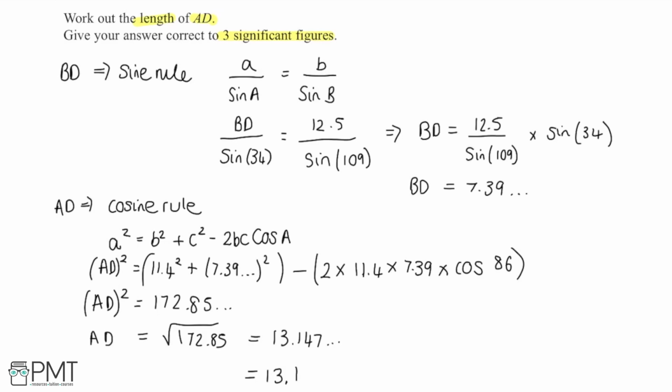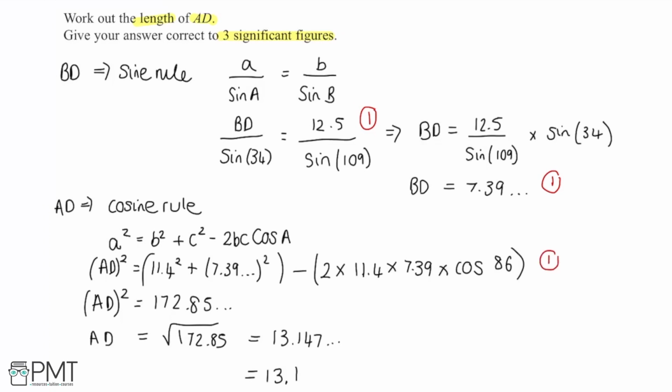So now, as for how the marks are awarded here, the first mark's awarded for starting a process to find the length of BD, so setting up this equation that we have here. The second mark is for finding BD, so rearranging this and calculating the value of BD. The third mark's for a process to find the length of AD, so by using the cosine rule here.